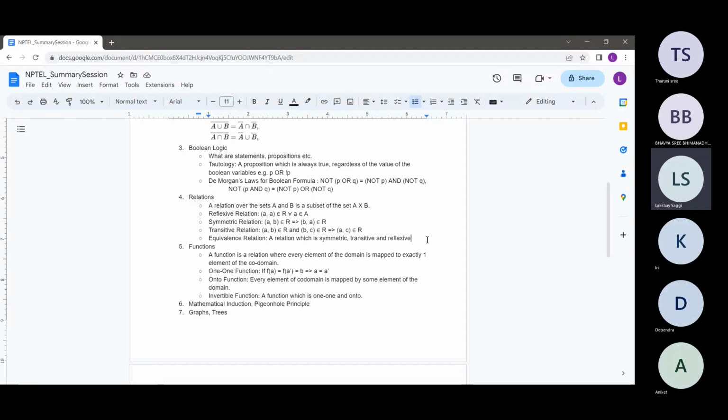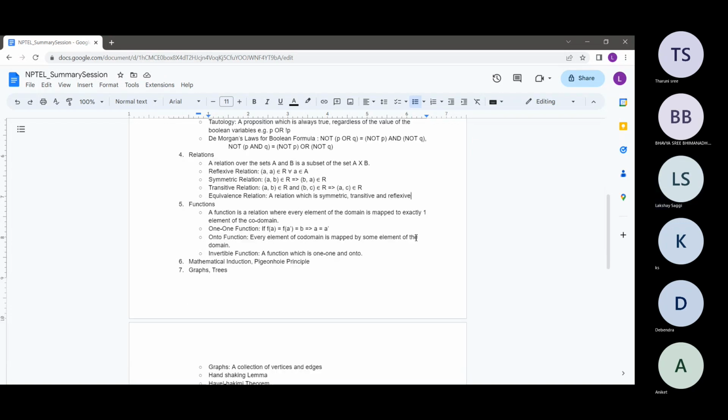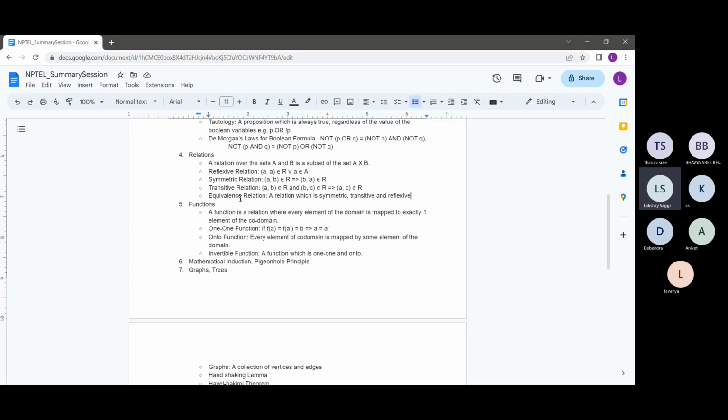Those concepts really help, believe me, in solving problems in computer science. Equivalence relations are very useful for us in computer science. If you study this in higher studies, in your future years, then you'll realize the importance.